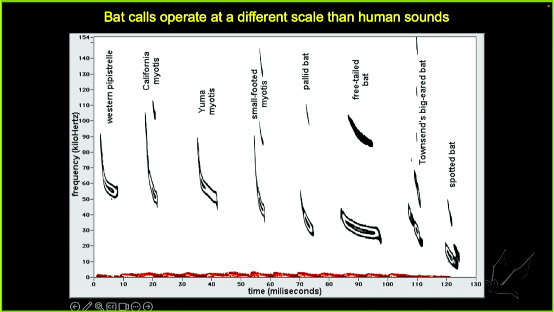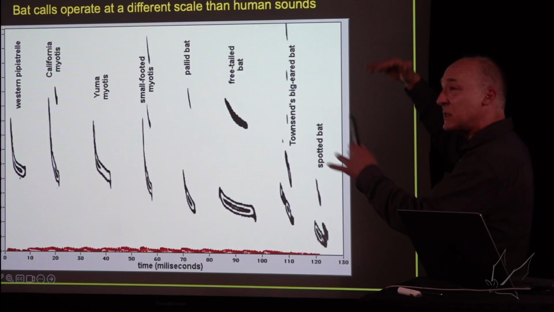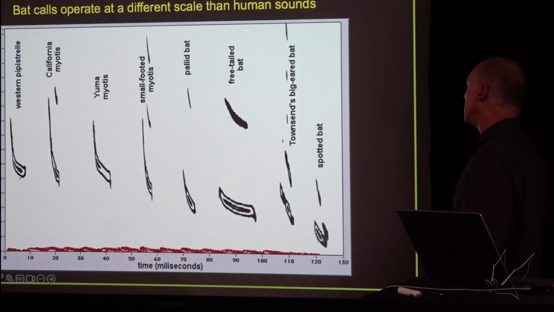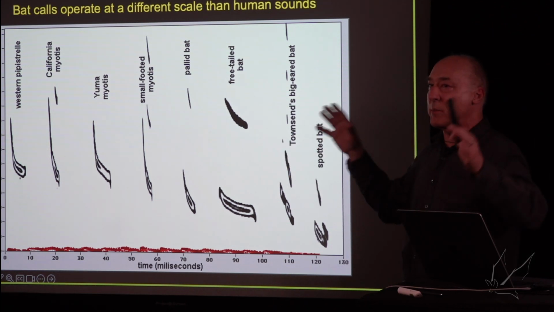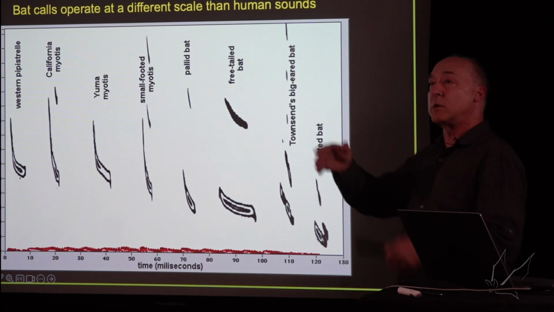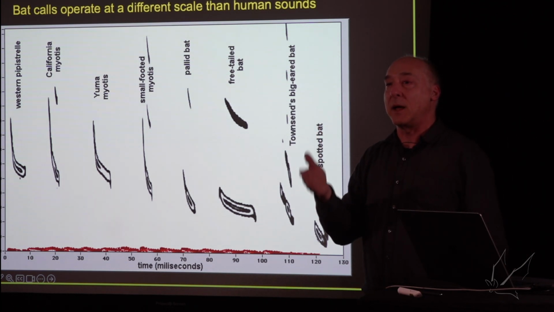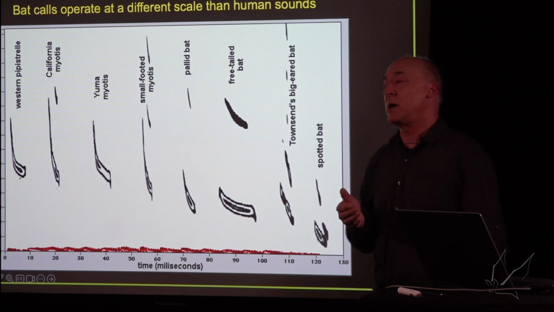So this is showing you the range of frequencies and timing differential that the bat calls are doing. And when we zoom out like this, there's not all that much difference from signal to signal. They're all going to be simple, discrete pulses, and that accomplishes the task of echolocation.